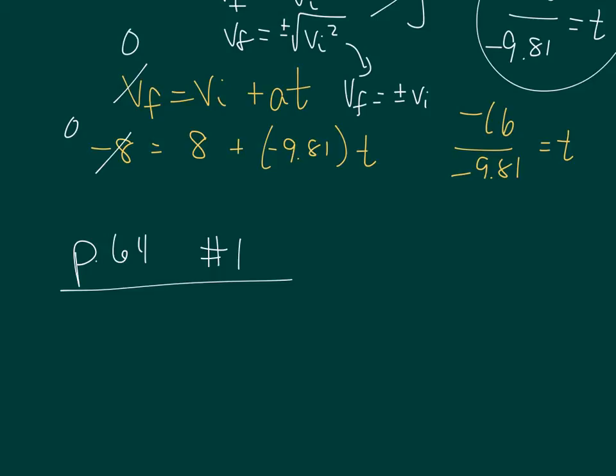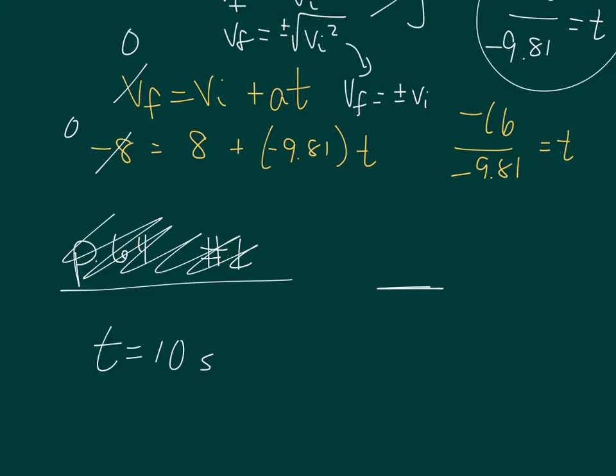So let's say it takes an object 10 seconds on planet X, it doesn't matter what planet, to fall a distance of 25 meters.